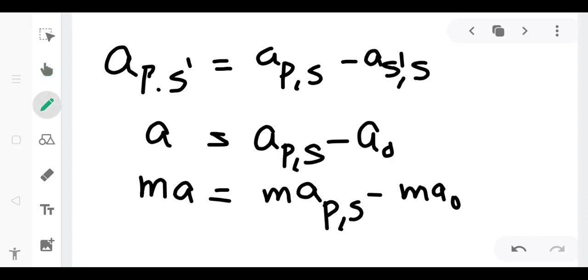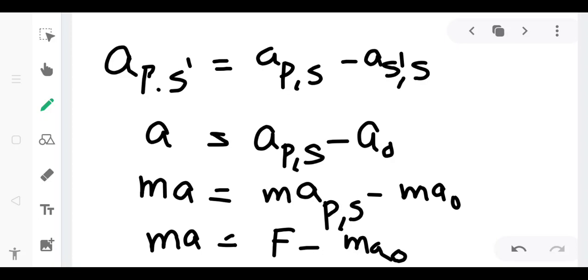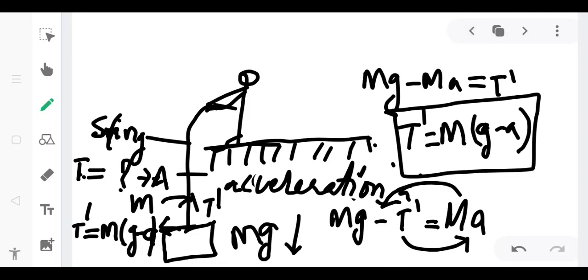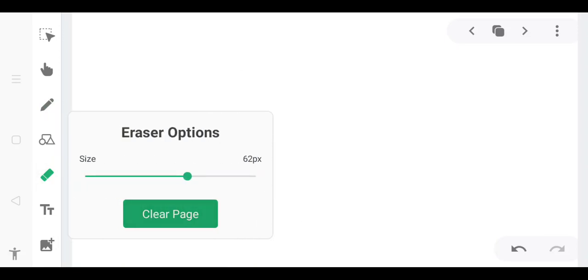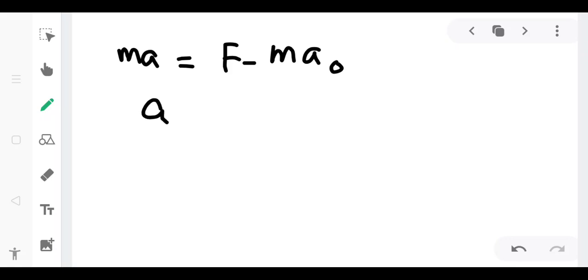So I can write it as ma equal to F minus ma naught, and I can solve from this equation, ma equal to F minus m a naught, for the acceleration a. We need the acceleration of the particle with respect to the frame of reference S dash, that's what we have written.